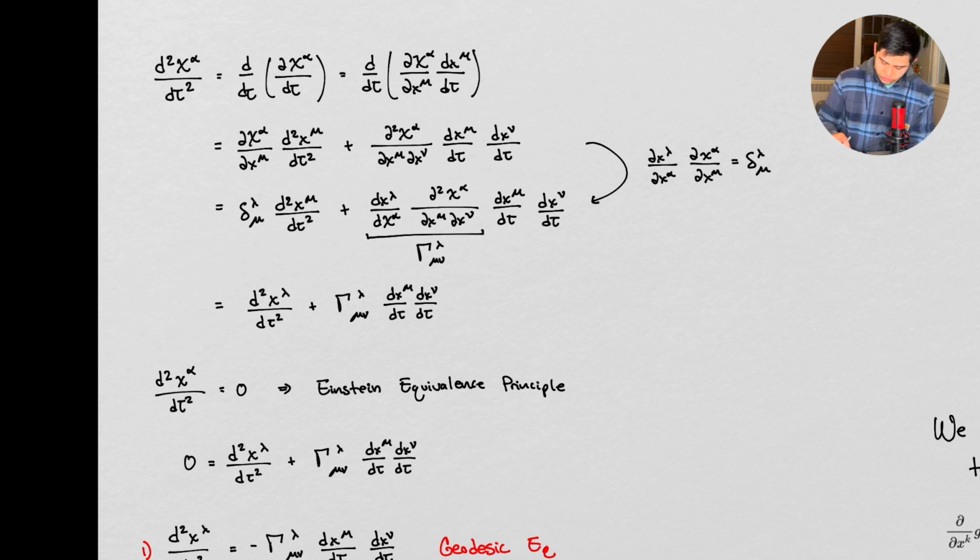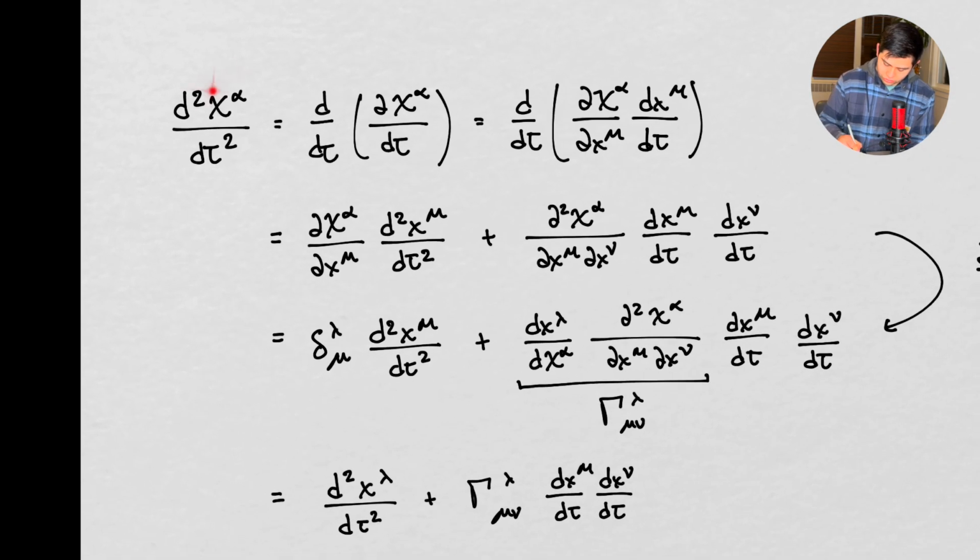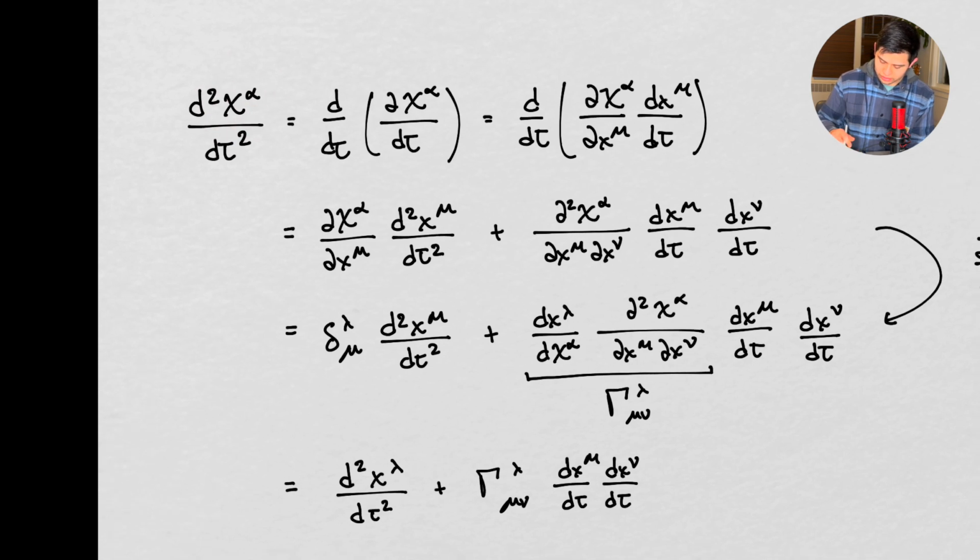All right. So now what we're doing is we're taking a vector x alpha. We always want to remember this guy as x alpha e alpha. So this is some vector on a manifold. We want to take its double derivative.